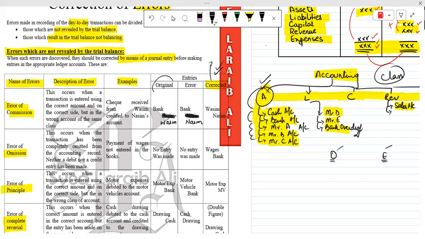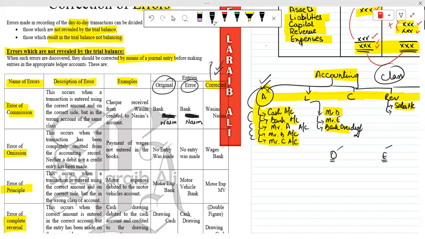But along with it, we have written 2 types of entry here with the names original and error. These are basically preferred by some teachers. So you can make these entries so that you will be able to make the corrected entry easily. Now, what are those entries?